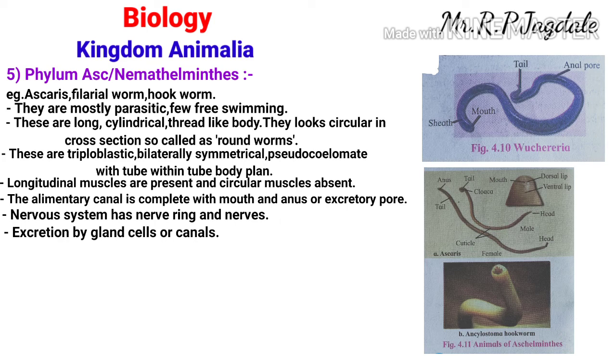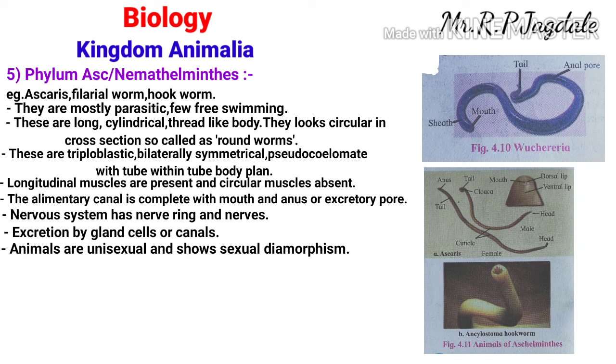Now reproduction: the animals of this phylum are unisexual. That means single sex; both the sexes are separate. Individuals of both sexes are different. Example, Ascaris, which shows sexual dimorphism. You can see on your screen the male and female Ascaris, different. So it is a unisexual organism having sexual dimorphism.